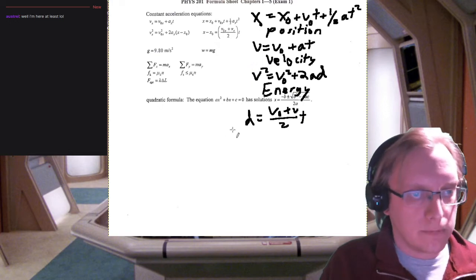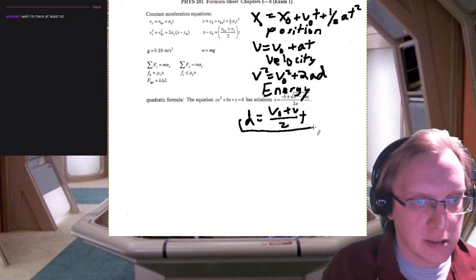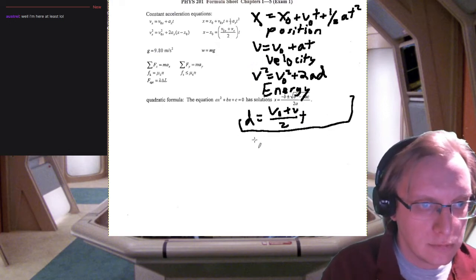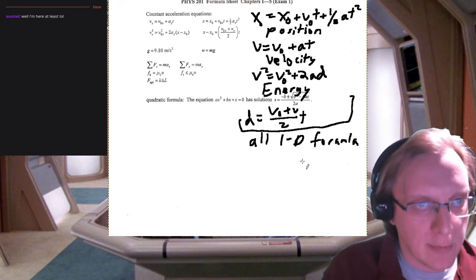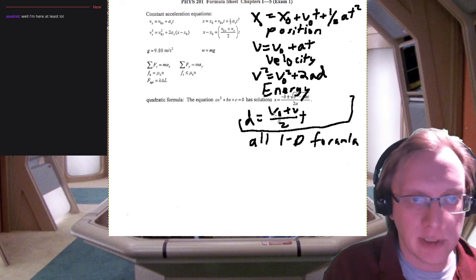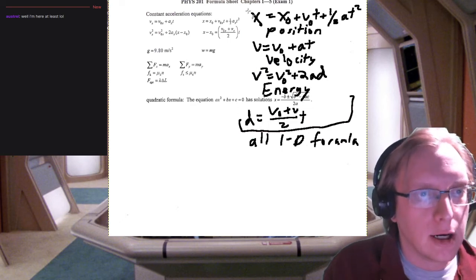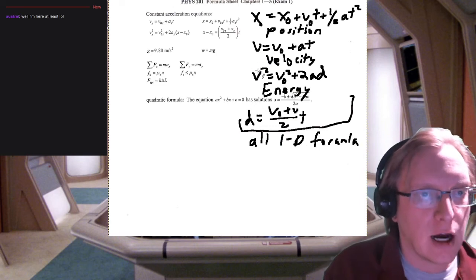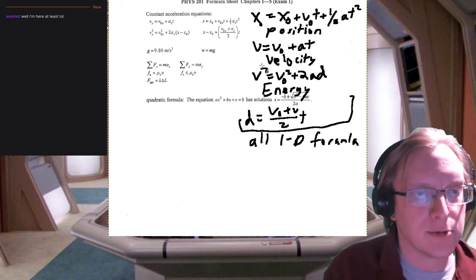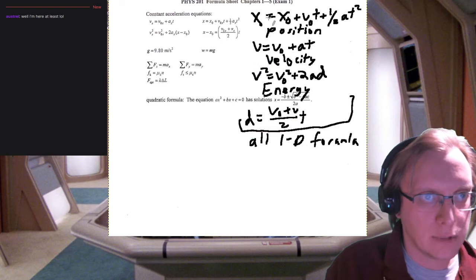For the time being, these are all 1D formulas. The only one that might get promoted is the energy one, because energy is weird, which should be exceedingly obvious. But all the rest of these need to be pointed in the same direction, or it doesn't work at all.